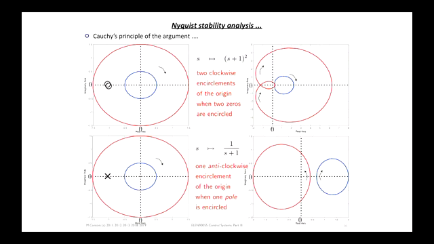And you can see that the net change in phase as we evaluate this function around here is now minus 4 pi, because we get a net change in phase of the little vector from each of the zeros of minus 2 pi, but there are 2 of them.